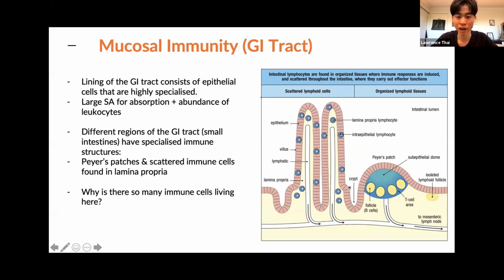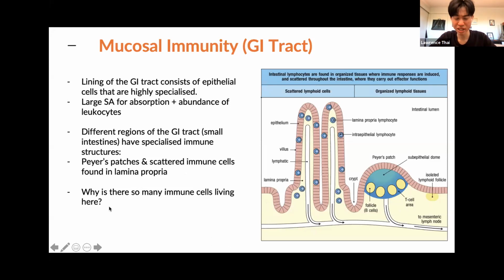We've got an immune structure over here called the Peyer's patch, where you find a high concentration of immune cells involved in T cell and B cell responses. And you've got other regions of the small intestines called the lamina propria, where you've got scattered immune cells. The lamina propria basically refers to anything that's underneath the epithelial layer.